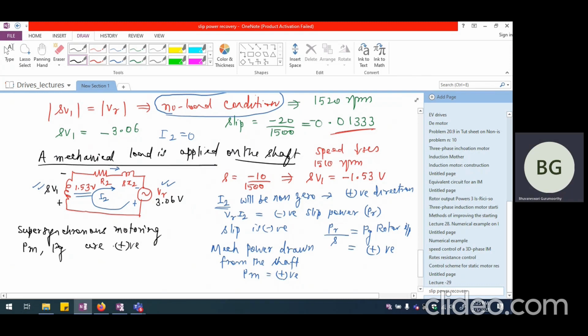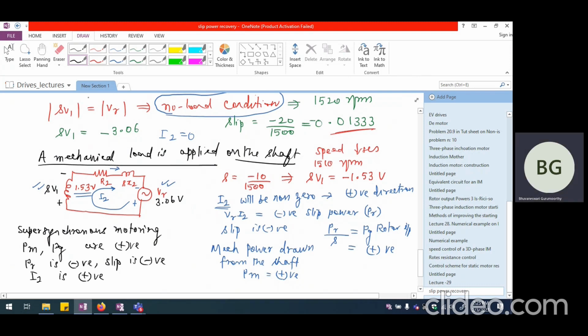PM is supplied to the load and PG is drawn from the three-phase terminals, and we are going to have PR negative, slip negative, whereas I2 is positive.